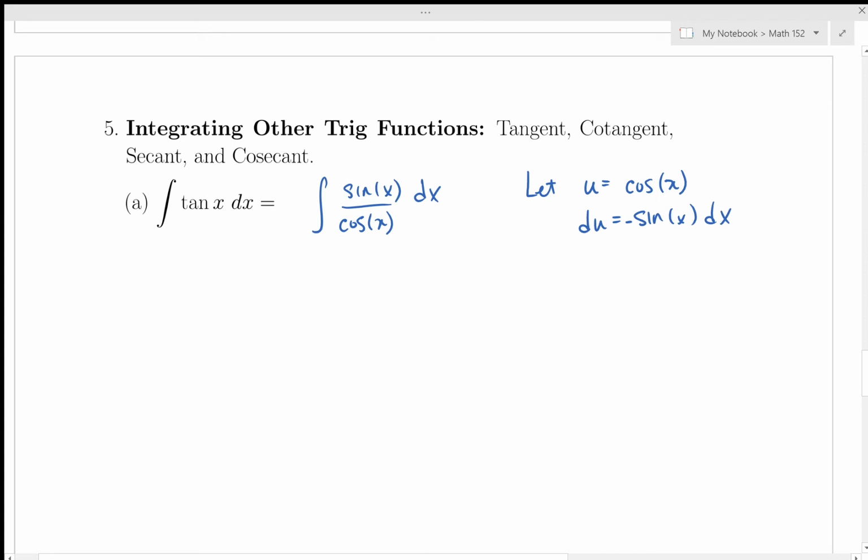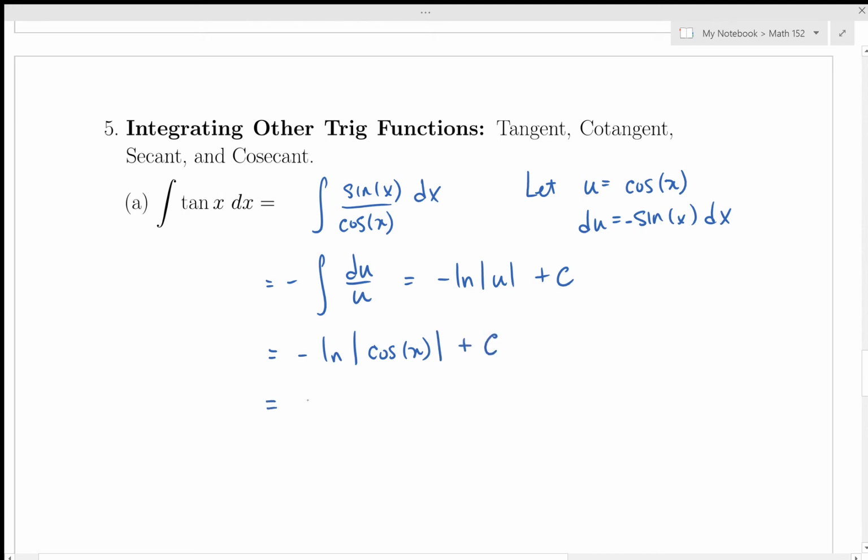And that allows me to make a nice substitution here. This then will be minus the integral of du over u. That's easy to do. That is minus the log of the absolute value of u plus a constant. And that is indeed minus the log of the absolute value of cosine of x plus c.